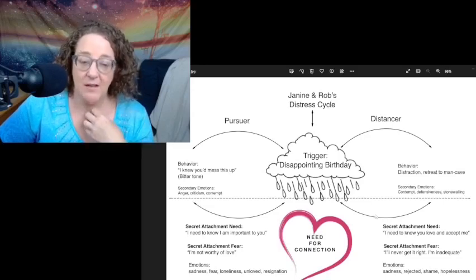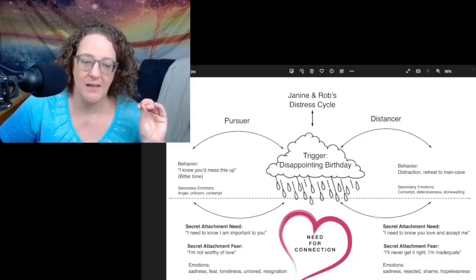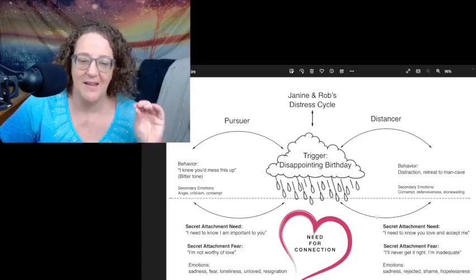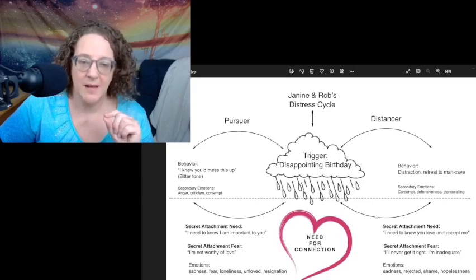And the fear, well, hold on. Let me pause on that part about I need to know that you love and accept me. That's the advanced piece. The initial part is whichever partner this is.